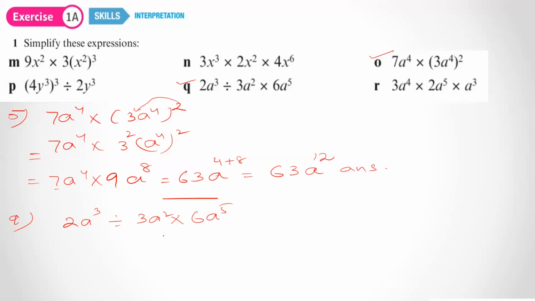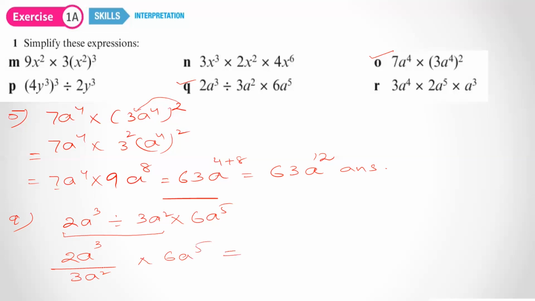Division or multiplication, we start from the left. So we first of all solve these two. 2 times a power 3 divided by 3a power 2. Then we shall multiply it with 6a power 5.